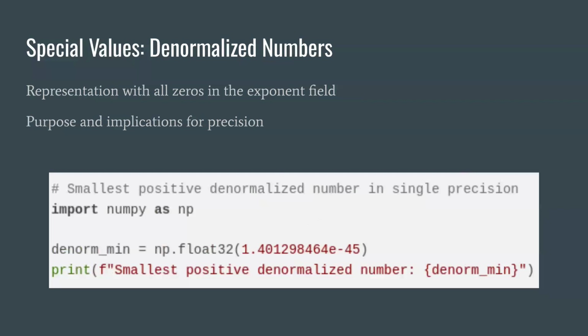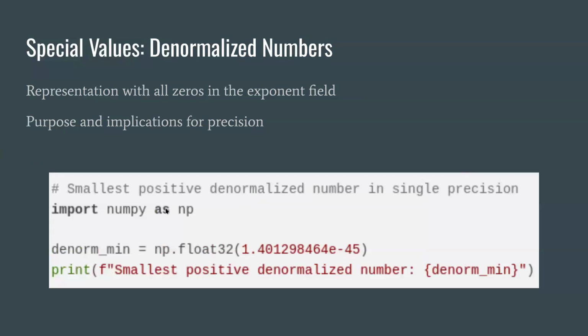So while this increases the range of representable values, it comes at the cost of precision. So denormalized numbers are particularly important for maintaining gradual underflow, where numbers close to zero are represented more accurately.